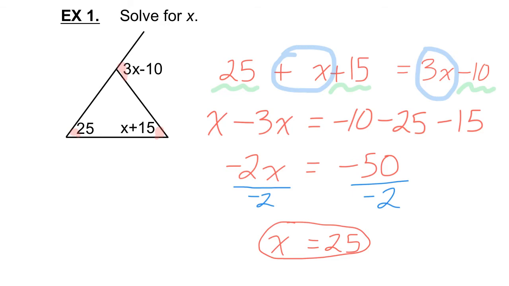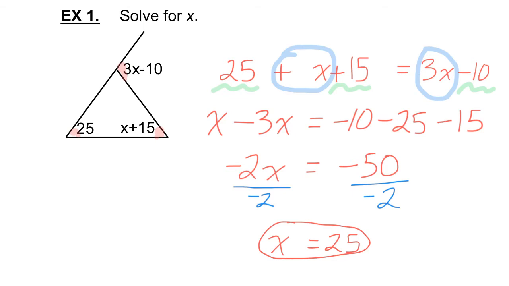So a consistent thing that people get wrong when they're doing algebra is when you're collecting your like terms and you're moving terms to the other side, you forget to do the opposite operation. So on the right, this is plus 3x. So when I move it over, it's now minus 3x. Likewise over here, when it's plus 25 on the left, I move it, now it's minus 25 on the right. Plus 15 on the left, minus 15 on the right.